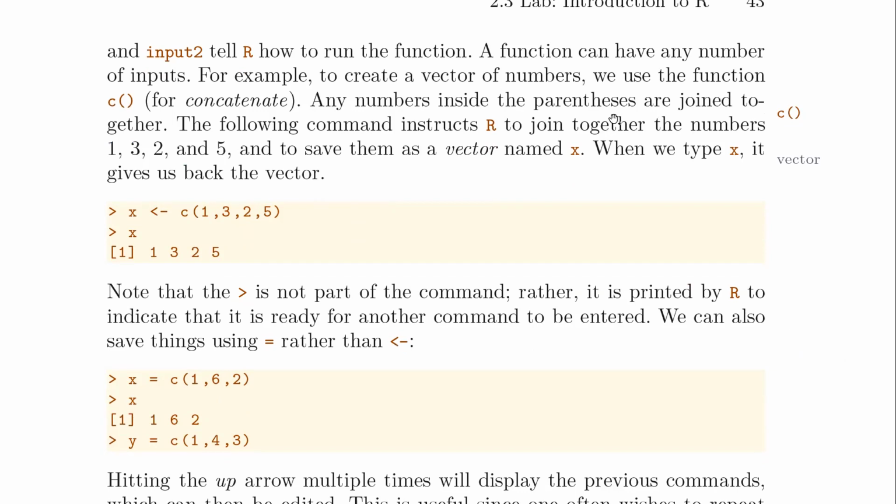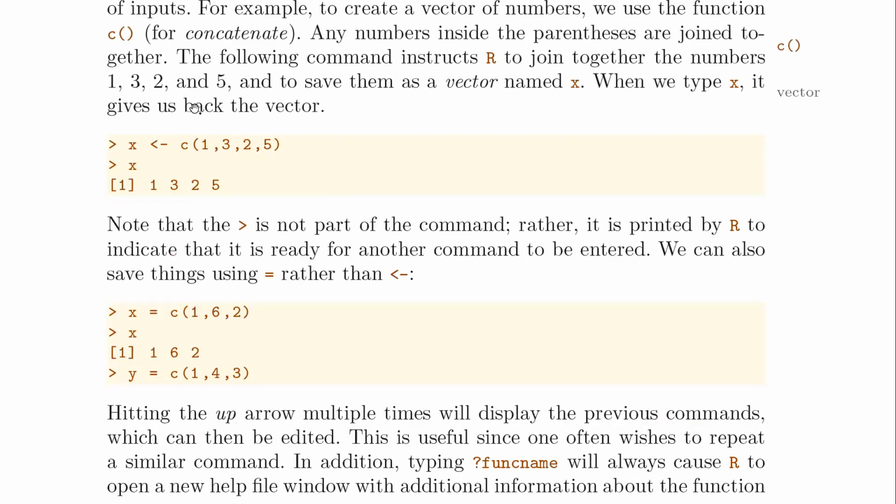For example, to create a vector of numbers, we use the function c for concatenate. This is one of the more often used functions. Any numbers inside the parentheses are joined together. So the following command instructs R to join together the numbers 1, 3, 2, and 5, and it will be an ordered list.